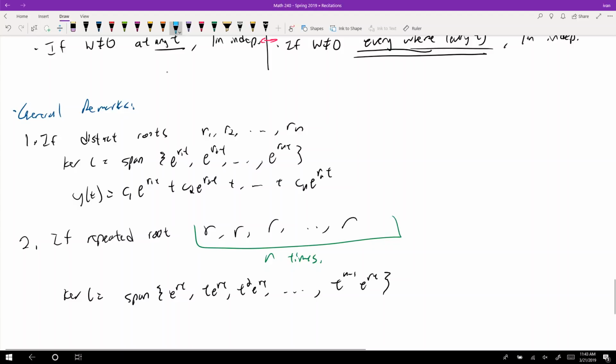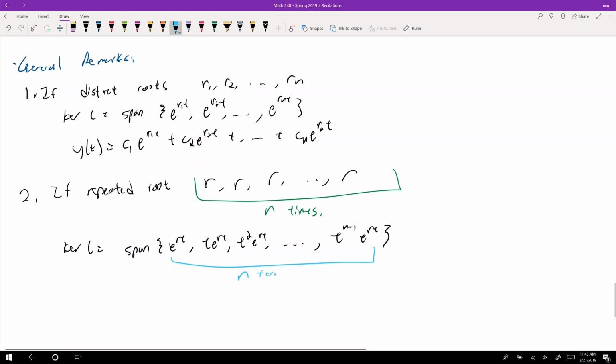And remember, this has to be n minus 1 because you need to have n terms in here. Here you don't have a t term, so that's why this ends up being n minus 1. And now y of t is going to be C1 e^(Rt) plus C2 t e^(Rt) plus C3 t squared e^(Rt) plus dot dot dot all the way up to Cn t^(n-1) e^(Rt).